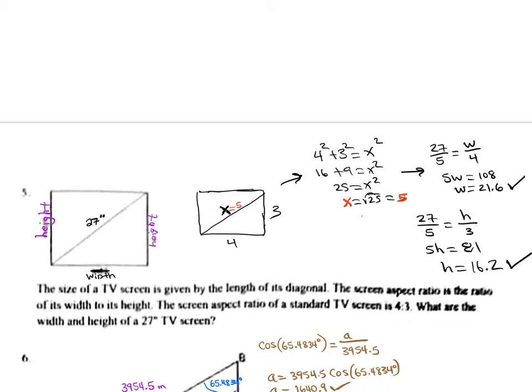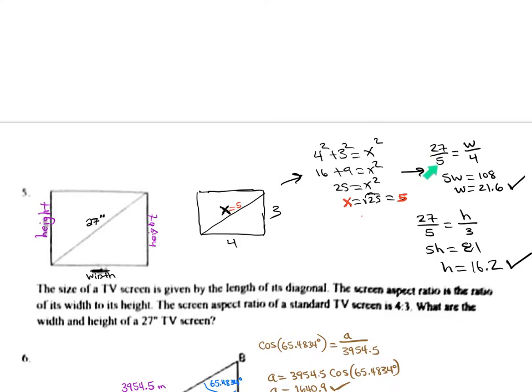Now we can use similar triangles. So we can set up a proportion that says 27 over x equals width, or w, over 4. Again, 27 over x equals width over 4, and that's what we have over here on the right. So we get 27 over x, which is 5, right?